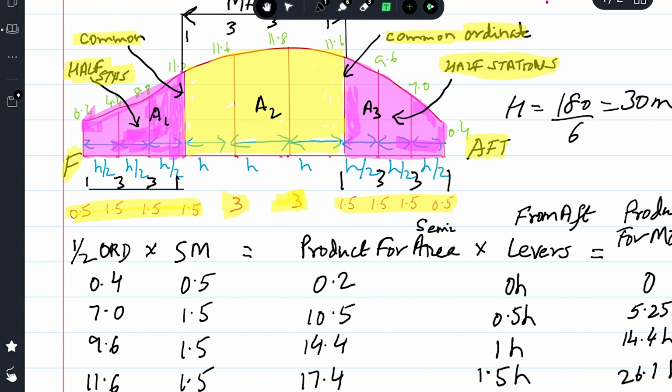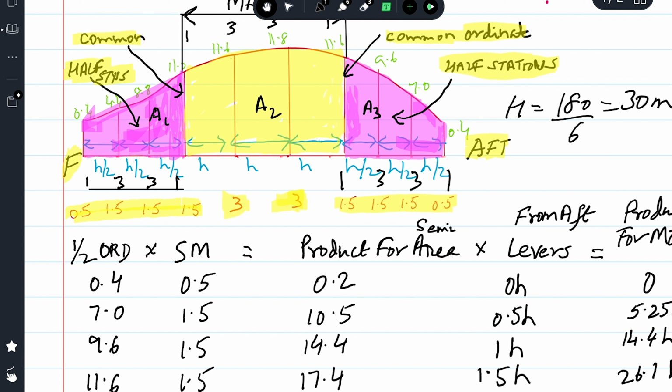Then 9.6 is again 1.5. So now I'm writing the Simpson's multipliers after making my corrections, the ones which I've written in highlight. So first one 0.5, 1.5, 1.3 will become 1.5, 1.5.